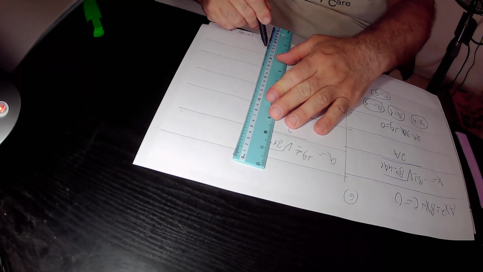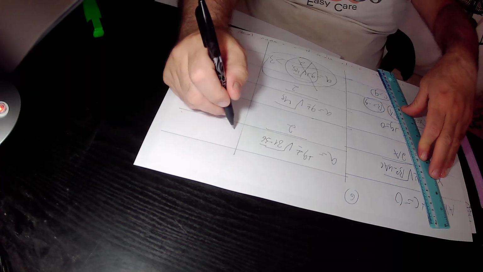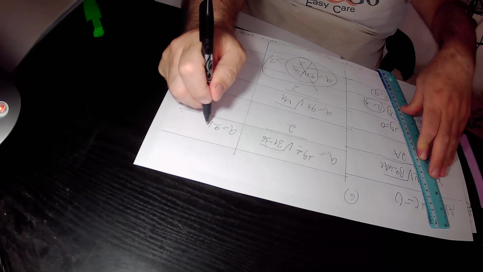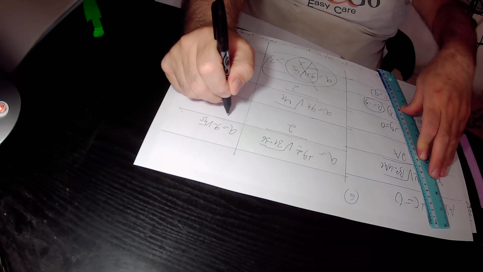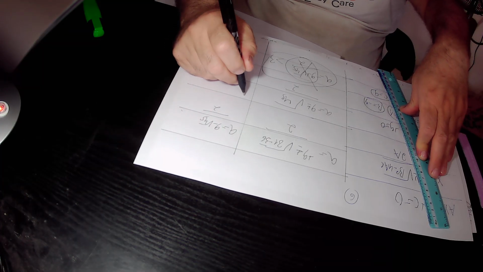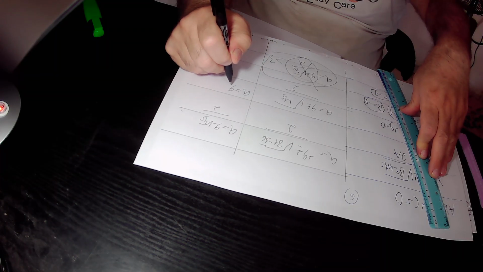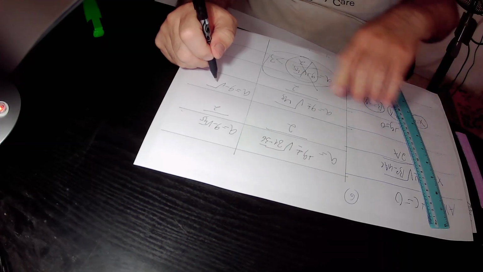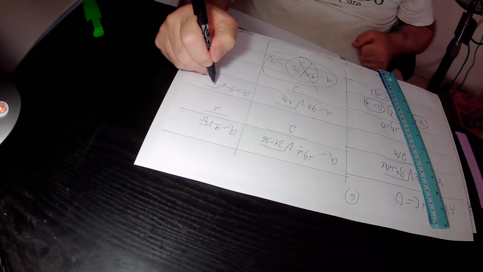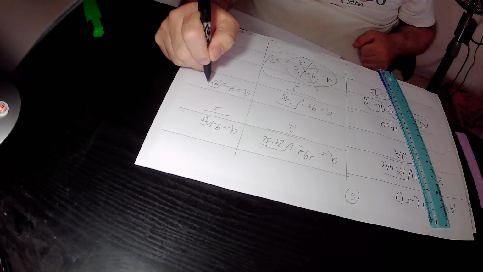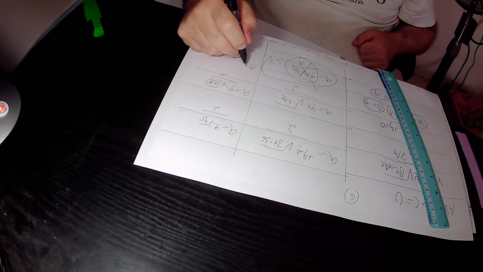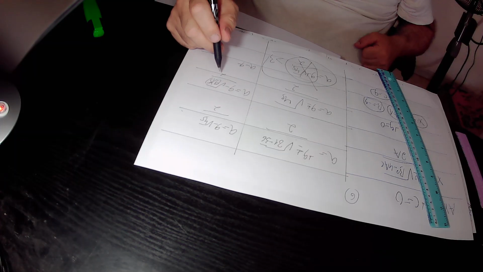The second solution for a is that a equals 9 minus square root of 45 over 2. So a equals 9 minus, 45 is 9 times 5, so we substitute 45 by 9 times 5, divided by 2. So a equals 9 minus the square root of 9, which is 3.